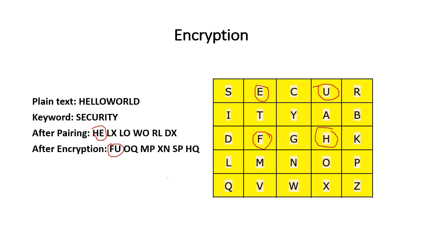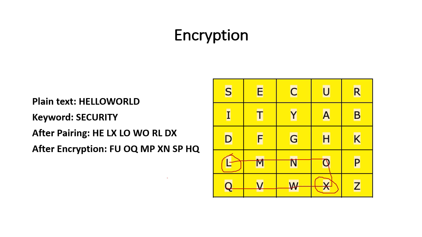Next we consider the next pair. What is the next pair here? L and X. L is here and X is here. Here also we follow case number 3, rule number 3. Both letters appear in different rows and columns, and it forms a rectangle.